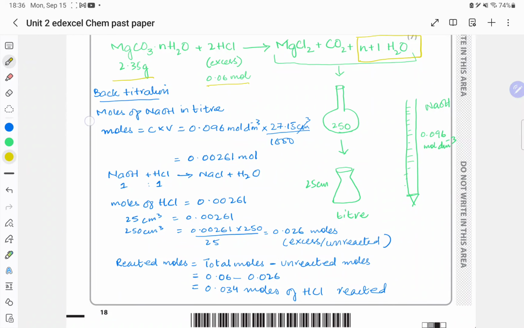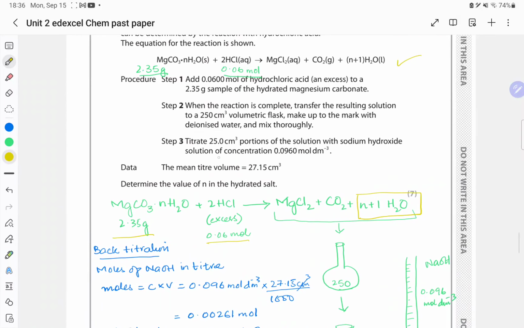The titre is also given, and then they said when the reaction is complete, transfer the resulting solution to a 250 cm³ volumetric flask, make up to the mark with deionized water and mix thoroughly.